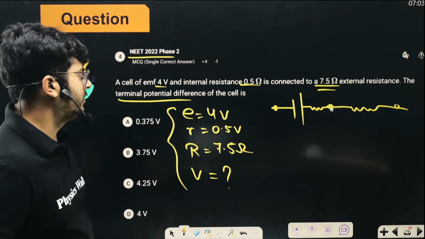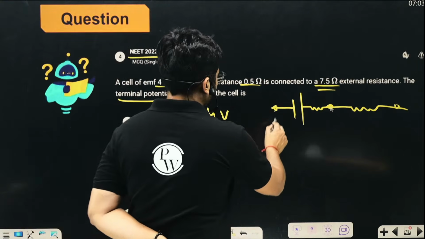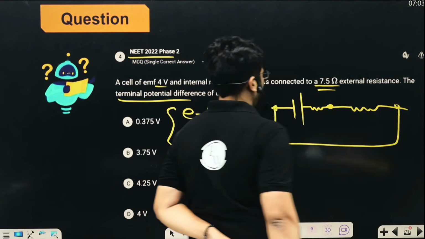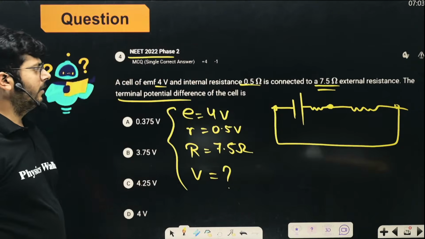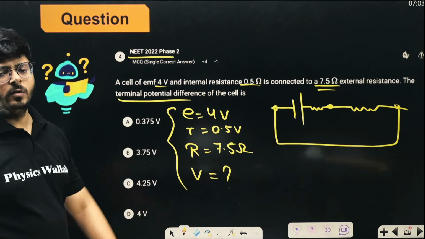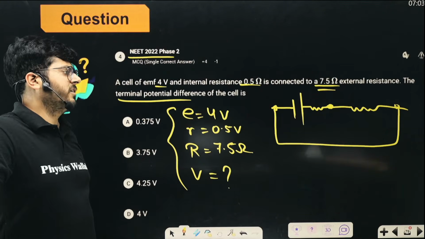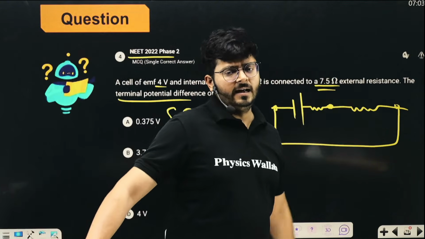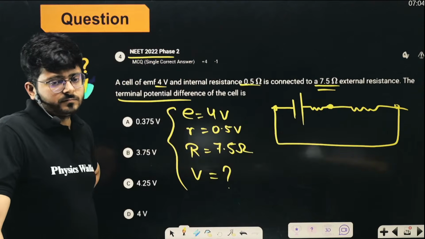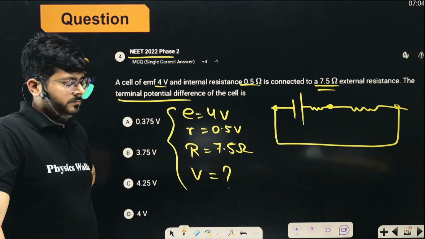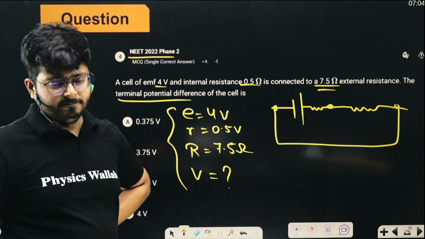When the current is flowing through this circuit, apply the Kirchhoff law, or if you remember the values directly, V minus Ir equals the net potential difference across this, I into R. So try and apply it.